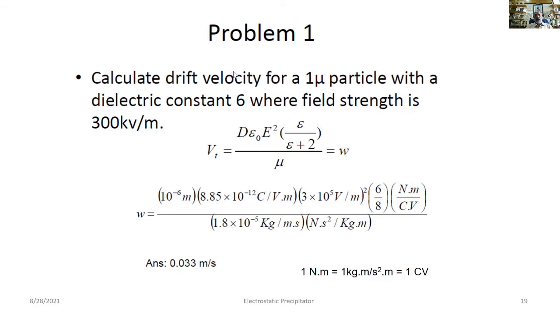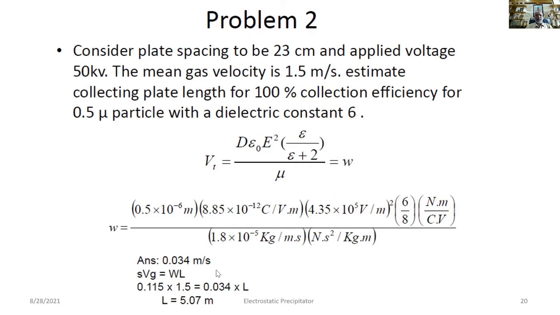Here, for this given data, we can make use of the expression that we have deduced for the drift velocity. As we substitute the data and balance the units, the drift velocity can be worked out as 0.033 meter per second.